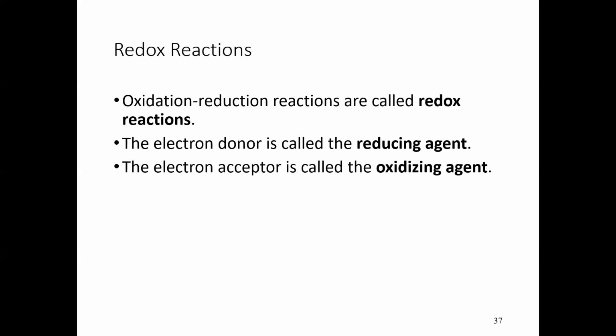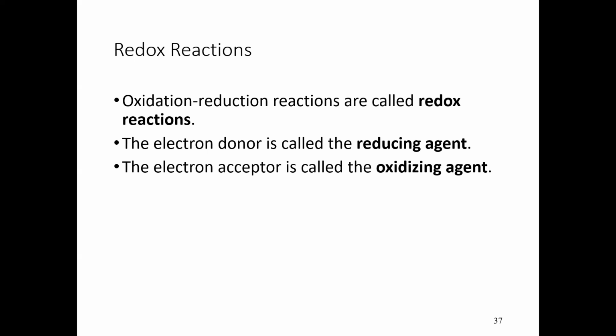We call these things redox reactions. The substance that is being destroyed, the substance that's being burned, is the substance that's being oxidized. Now, here's where it gets confusing. Something that's being oxidized is the reducing agent. Why? Because it's going to generate electrons. When something is being oxidized, it's releasing electrons.